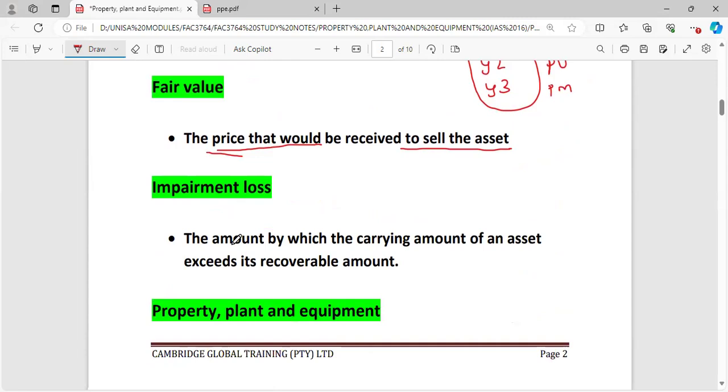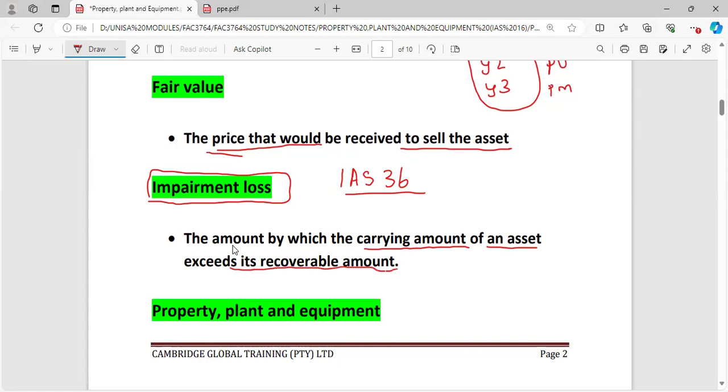Impairment loss, I think we're going to do impairment loss in International Accounting Standard 36. That's a full topic for impairment loss. But for now, impairment loss is a situation when the carrying amount of an asset exceeds the recoverable amount.